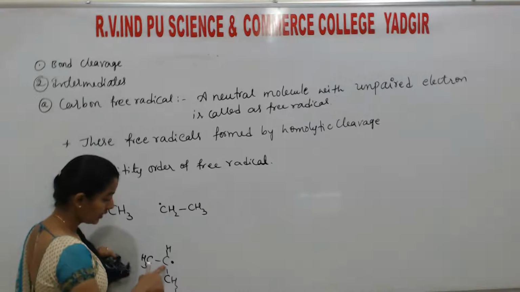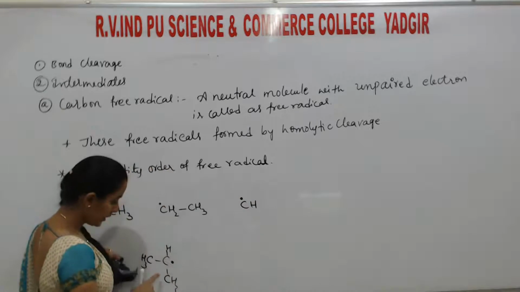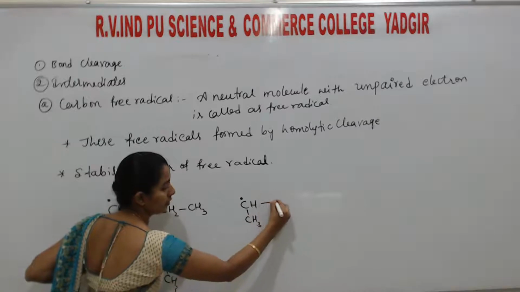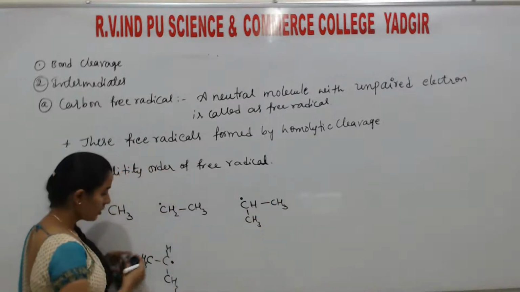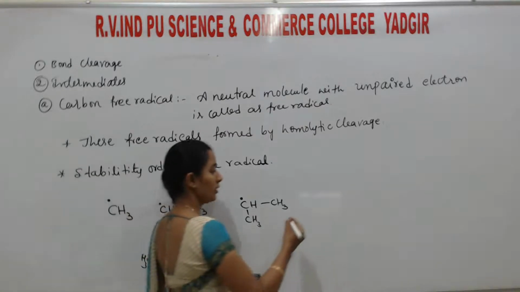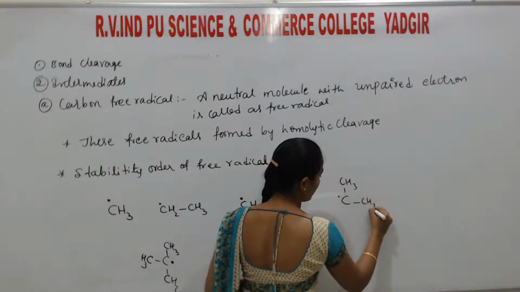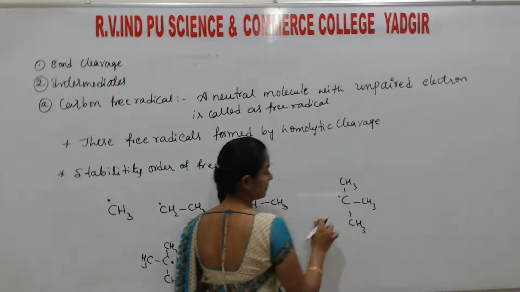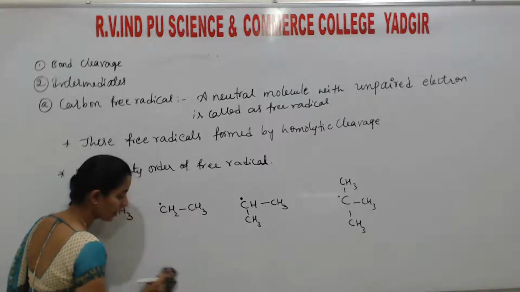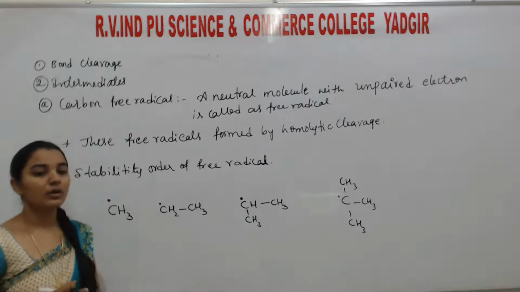Then the carbon with the free radical is further bonded to 2 carbons. Again replaced by CH3, then the carbon is bonded to three carbons. By this we can get these radicals by the replacement of hydrogen with the respective carbon atoms.